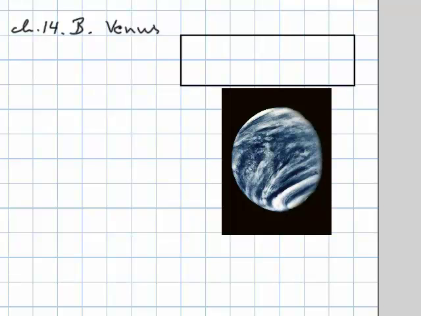So it's very hot, it's very pressurized. And one thing they don't mention, there's also acid rain falling down. So quite a hostile environment for Earth's twin.